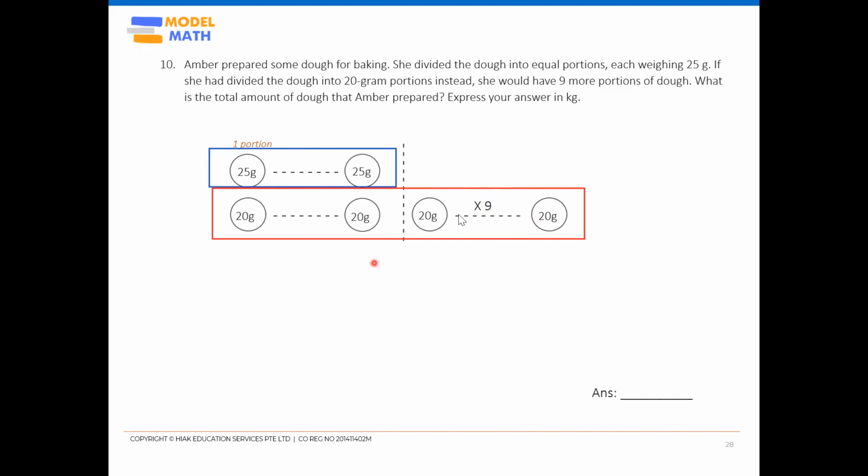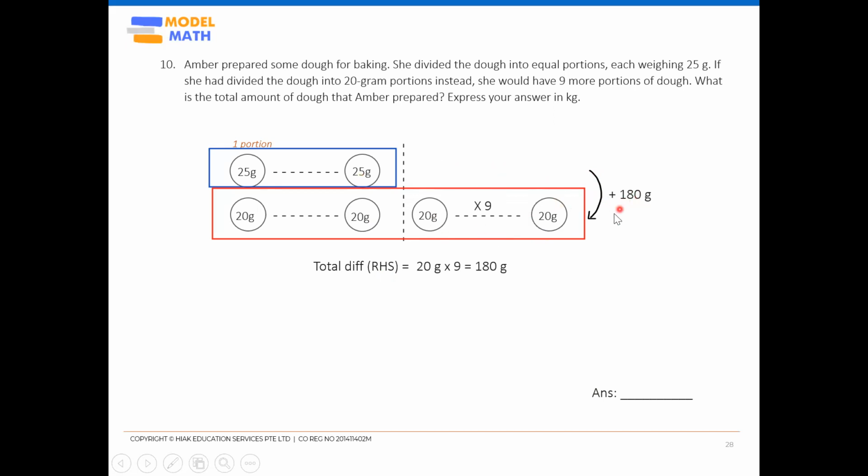So the whole idea is I'm going to work out the difference on the right side first. Since on the right side I got 9 portions, that will be easier for me to figure out the difference. So I call that the total difference on the right-hand side. So 20 grams I multiply by 9. In other words, there is an increase of 180 grams from the first to the second scenario on the right-hand side.